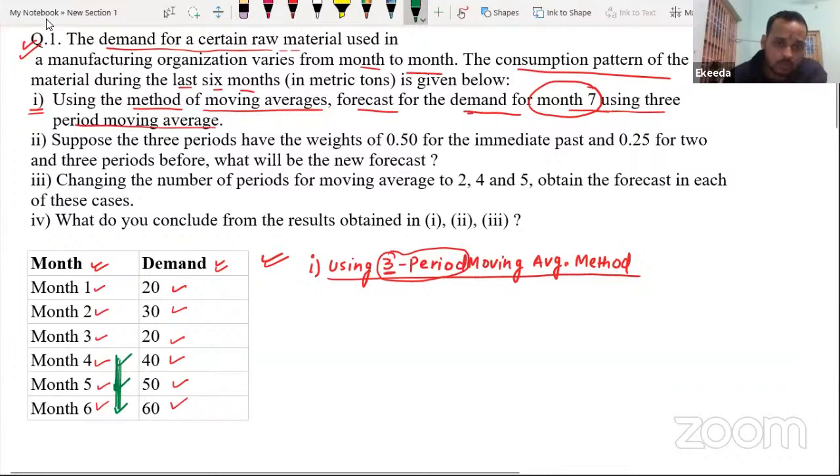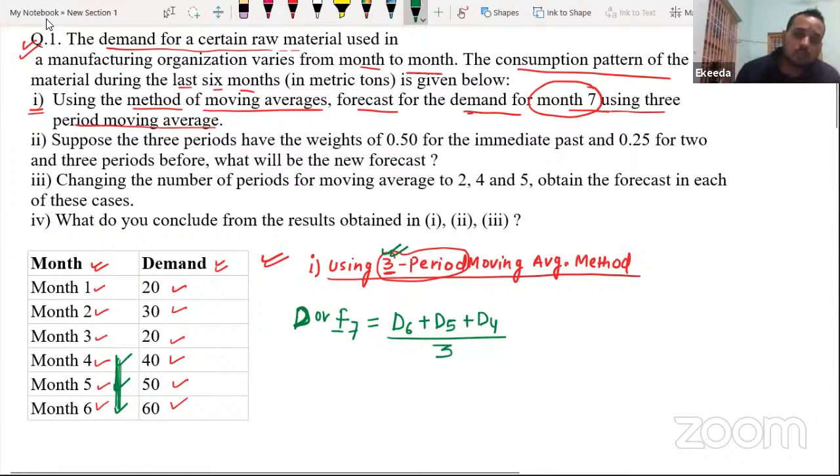So we write: forecast for the 7th month is equal to the demand of the 6th month plus the demand of the 5th month plus the demand of the 4th month, divided by 3. Very simple. You consider the records of only 3 months and take the average.